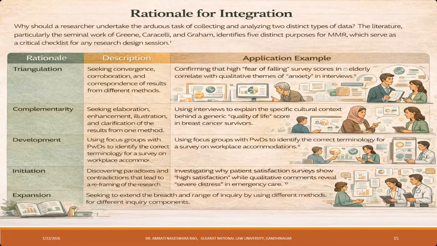Complementary: seeking elaboration, enhancement, clarification of the results of one method. I want to conduct research on Encyclopedia, but I have limitations in terms of knowledge because there are not many studies. So first I will go with qualitative research. I'll collect the data from 5 to 10 people.